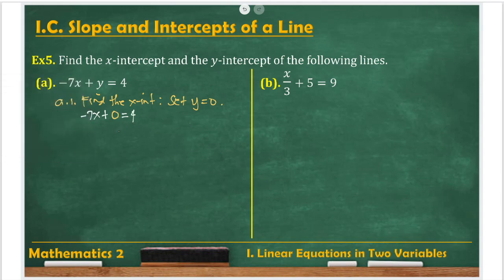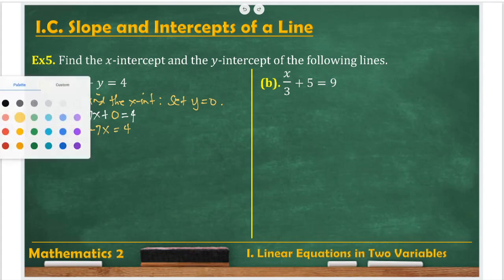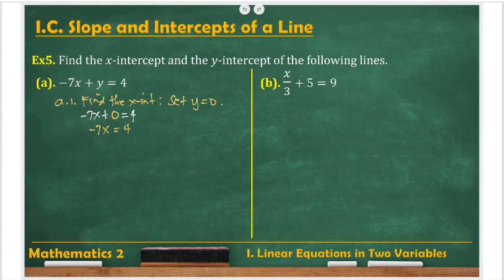Okay. So we are left with a single variable x, or we actually have a linear equation in one variable x. So we can now solve for x. So we have negative 7x is equal to 4. And if we divide both sides by negative 7, then we will get x is equal to negative 4 over 7.